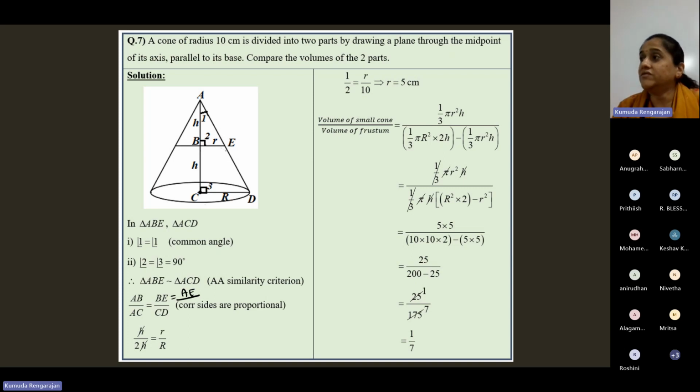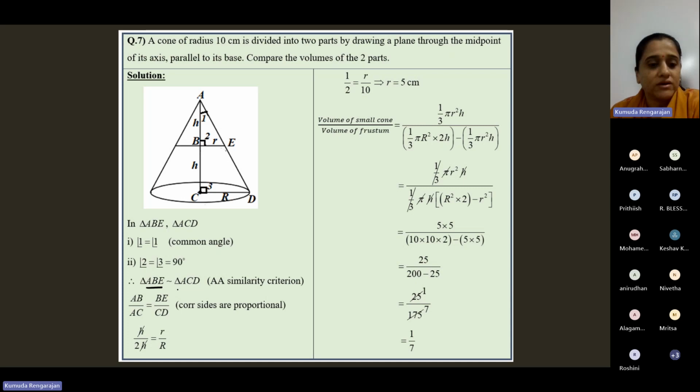Only in area: curved surface area, total surface area, pi R L, pi R into R plus L. Only for curved and total surface area. For volume, we don't have L, no? Here we have to compare the volumes of the two parts. So I've not written the segments which pertain to the slant height. AE by AD I've not written because they're of the slant height.